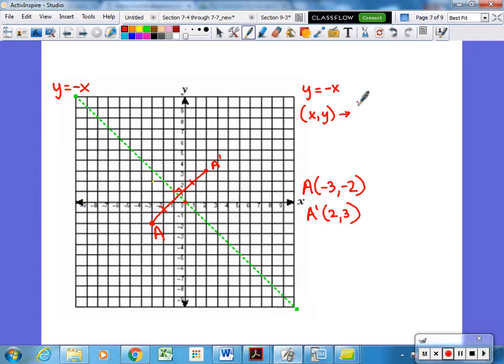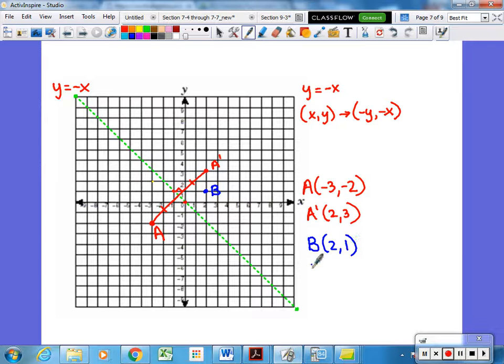So whatever is your original y value, take the opposite of that. That will be your new x value. Whatever is your x value, take the opposite of it, will become your y value. So case in point, just for a follow-up example, if I were to take the point (2, 1), we'll call that B right here, and I want to just apply the rule.